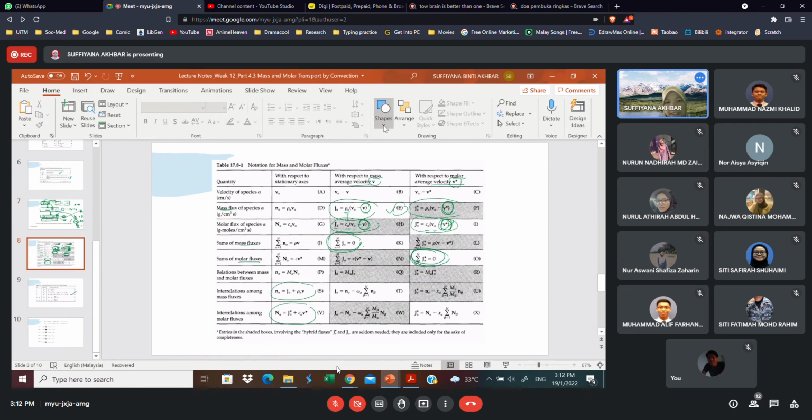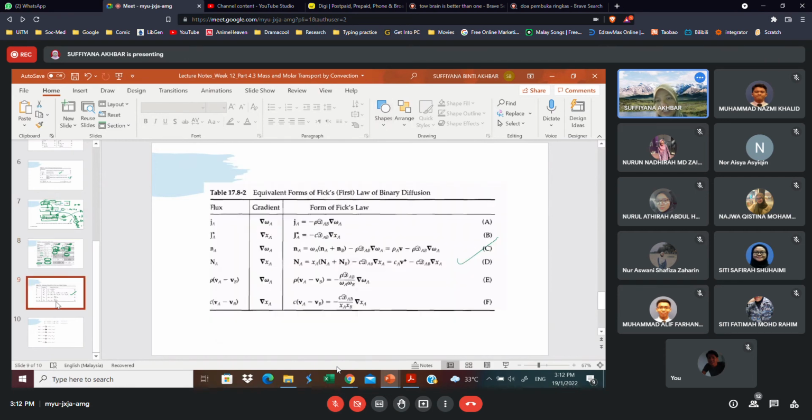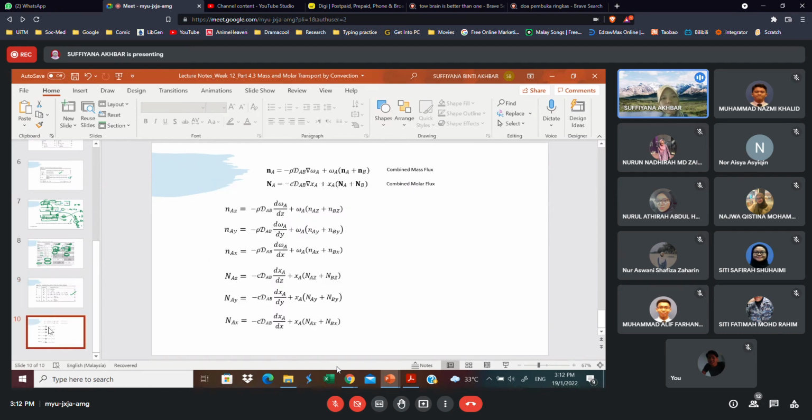Okay. And then kita ada combined mass flux in term of combined mass. Okay, combined mass flux. So that kita ada yang ni. And then also kita ada combined molar flux. So capital M. Okay. So yang I make circle ni, that is the most important. Okay, this is only the summary. And then, okay.